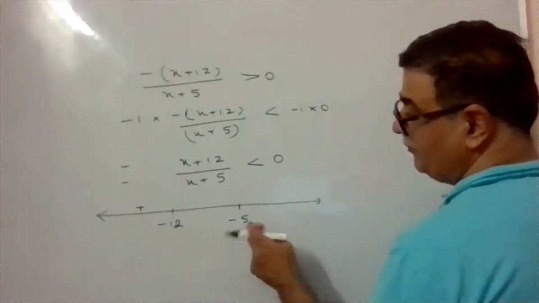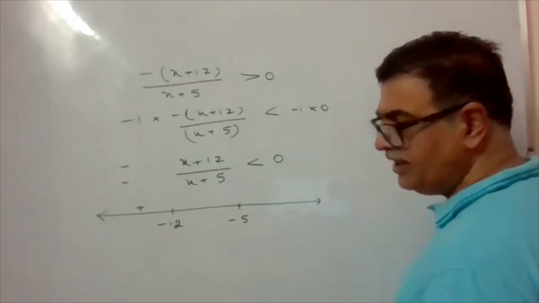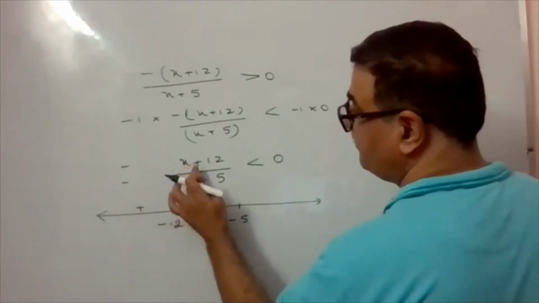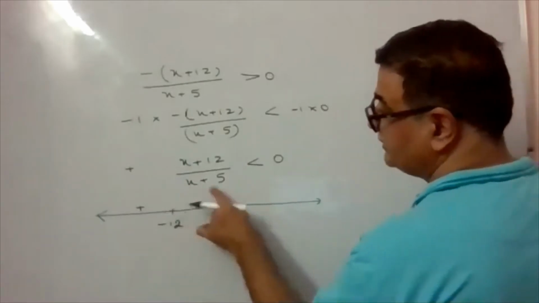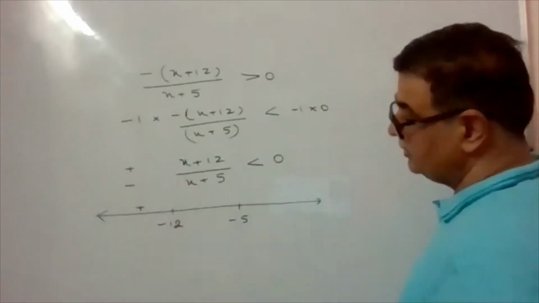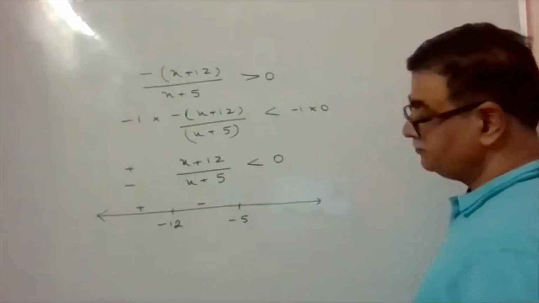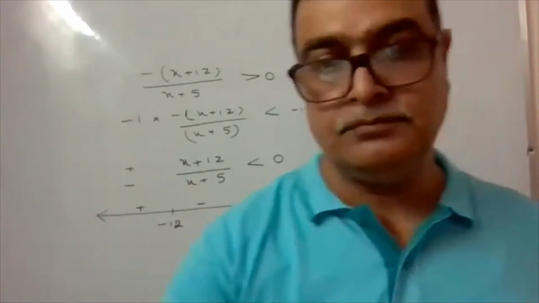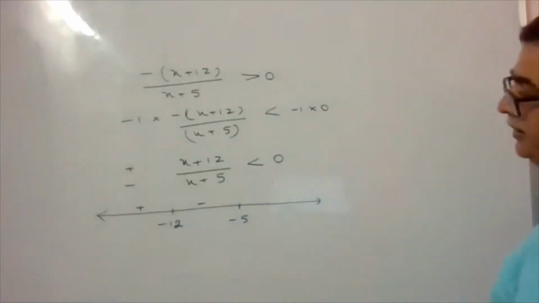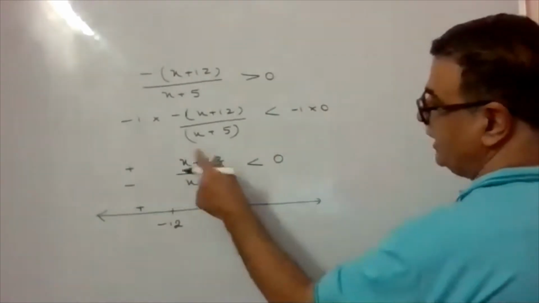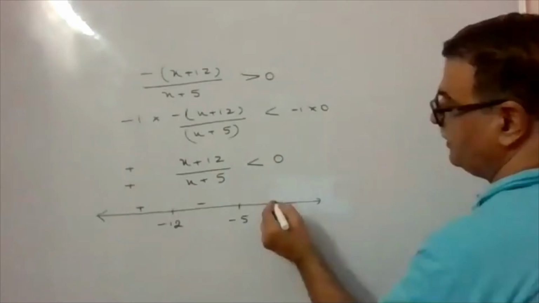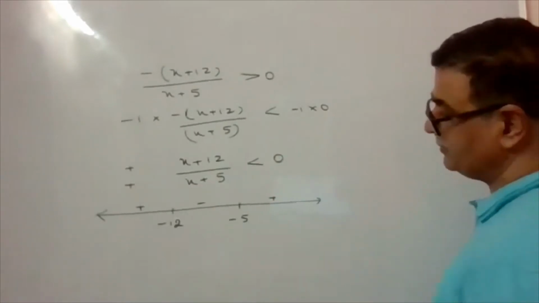Between minus 12 and minus 5, minus 10 can be taken. If you put minus 10, this will be plus, and minus 10 plus 5 is minus, so the net is minus. And next, when you take above minus 5, let it be 0, then you will find plus in the numerator and plus in the denominator, so it comes out to be plus.